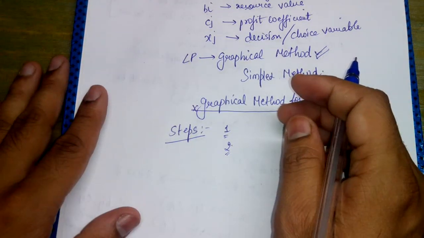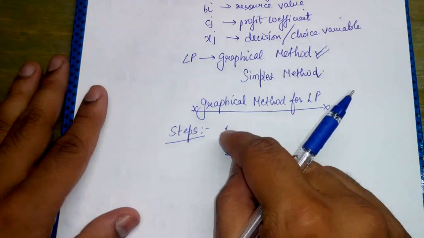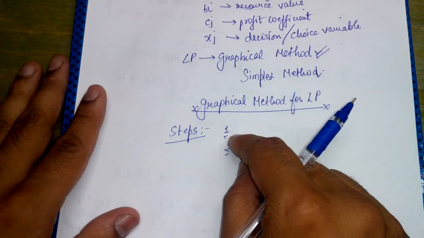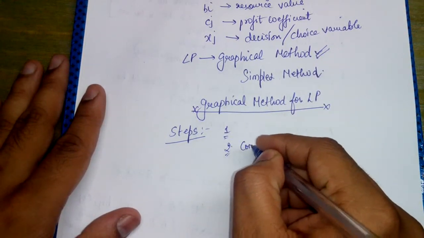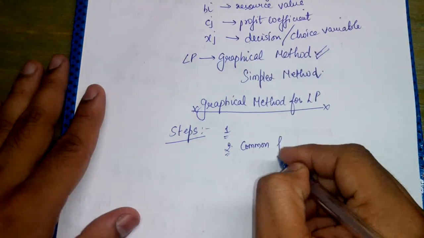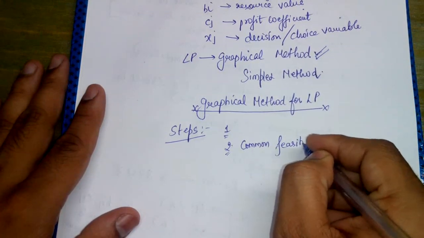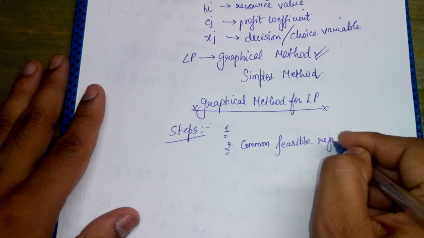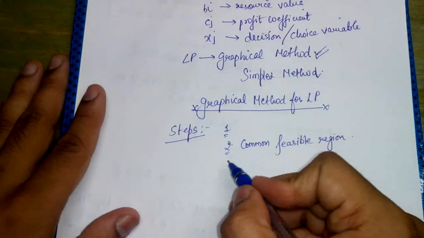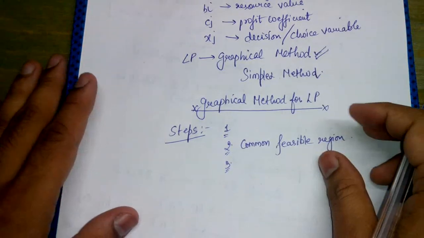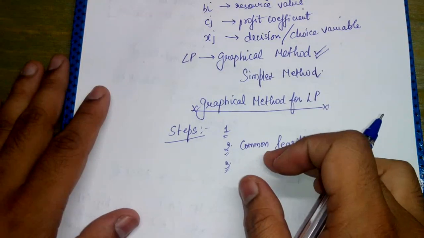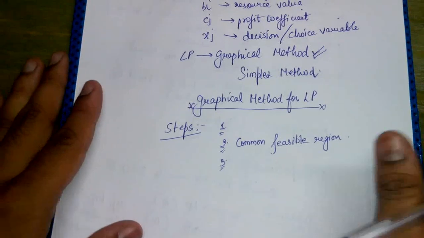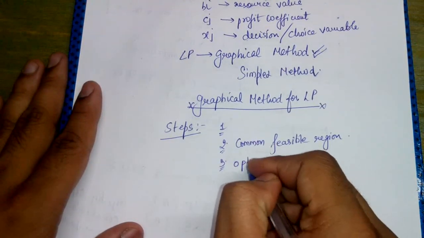The second is to draw the graph that includes all the constraints and identify the common feasible region. For the third step, we have to find the point within the feasible region that optimizes the objective function.